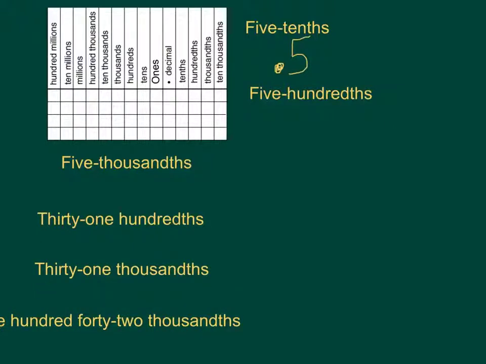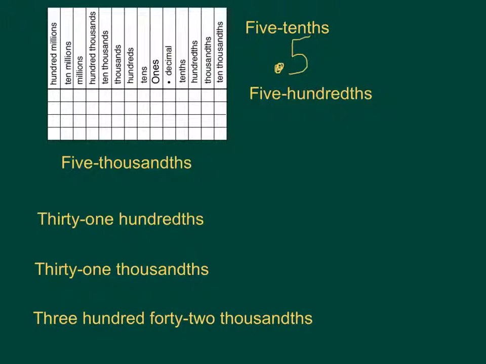And here is one that we have not gone over. Consider it a bonus. How would you write 342 thousandths as a decimal? Notice you got 1 digit, 2 digits, 3 digits. Can you write that?